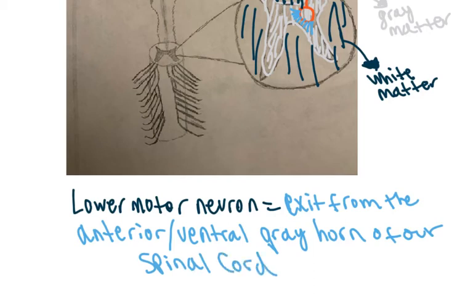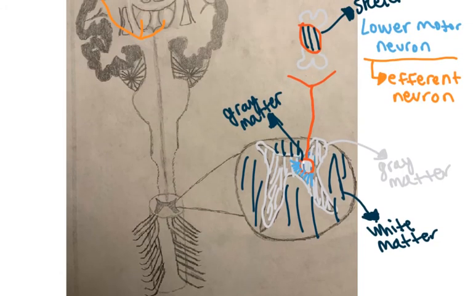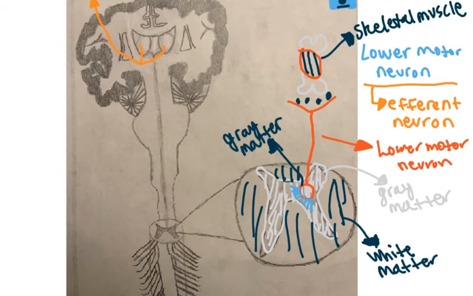All right, so the ventral gray horn pretty much means the anterior part of our gray matter of our spinal cord. That's where the lower motor neuron, so this is our lower motor neuron, leaves from. All right, so this indicates our lower motor neuron, and we'll draw some neurotransmitters here like acetylcholine, for example. All right, and so that's that for the lower motor neurons.